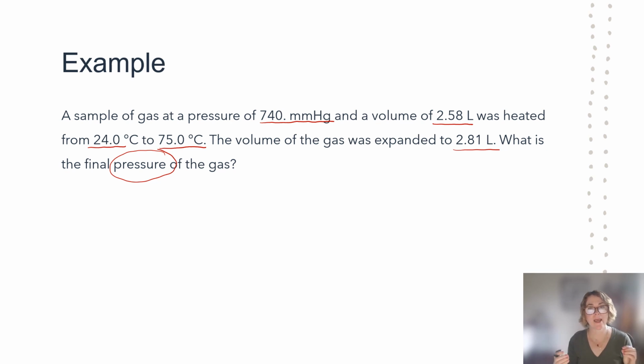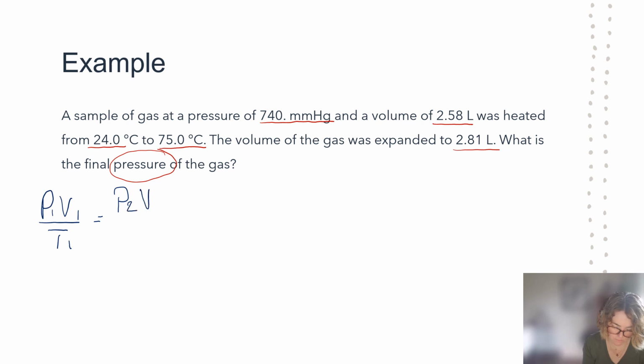Because I have changing conditions and I have all three of those, I know I'm dealing with the combined gas law. So I'm going to go ahead and write out our equation for the combined gas law: P1 V1 over T1 is equal to P2 V2 over T2.